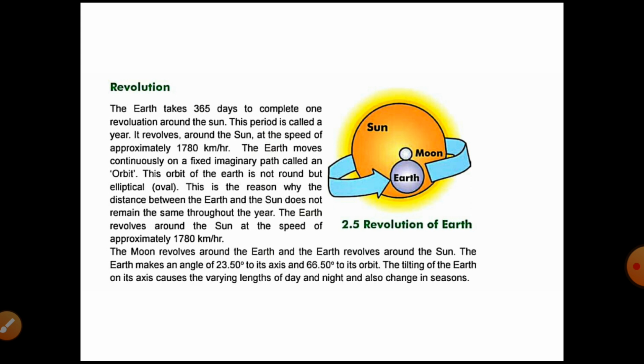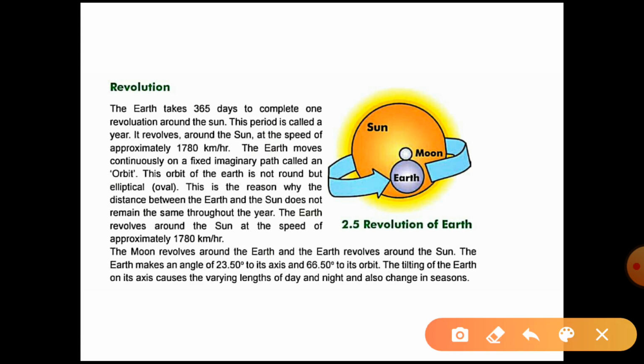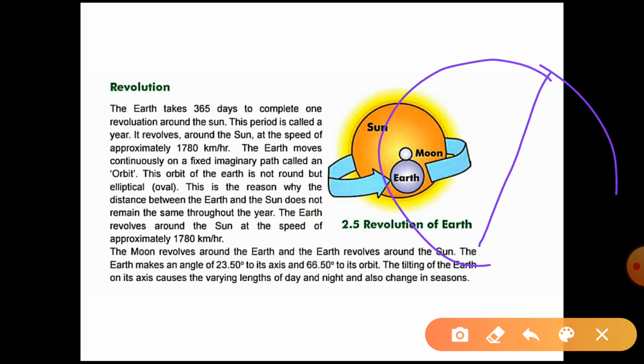The earth makes an angle of 23.5 degrees to its axis and 66.5 degrees to its orbit. Okay, let's understand what this 23.5 degrees to its axis and 66.5 degrees to its orbit means. For example, this one is the axis of the earth.